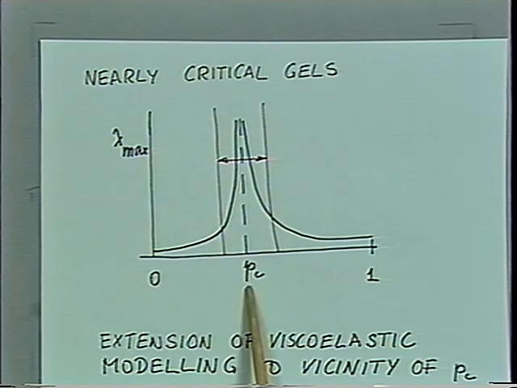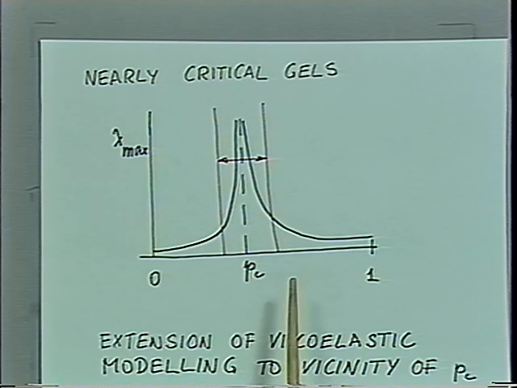We can do that now, since recently, by knowing the relaxation behavior at the gel point, we don't have to extrapolate. But when you look at the data in the literature, they are all extrapolating. So they don't have an exact value of PC, and they have some estimate of the difference P minus PC, and then they can get all kinds of power laws in the vicinity of the gel point. But now we can measure PC exactly.